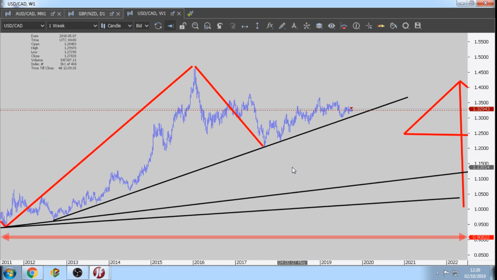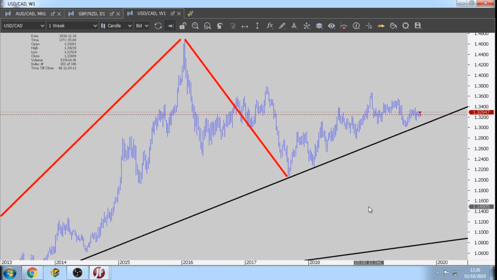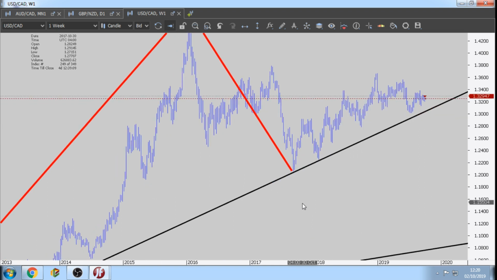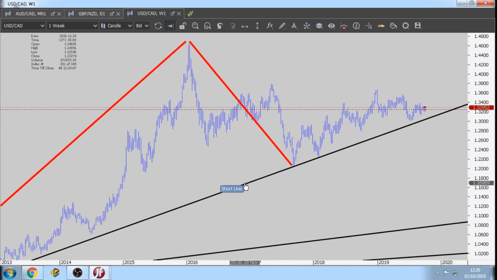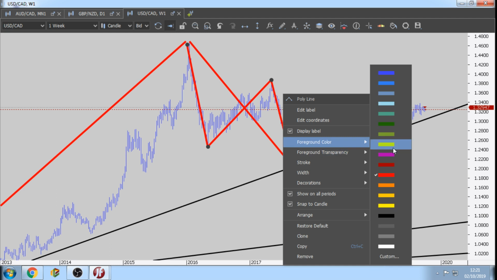Okay, now, and yes, some of you are saying, well, I have problems with USD CAD. Yes, this is not the easiest pair to analyze, okay, but short term you have extension, retracement, extension. This is the short term structure.